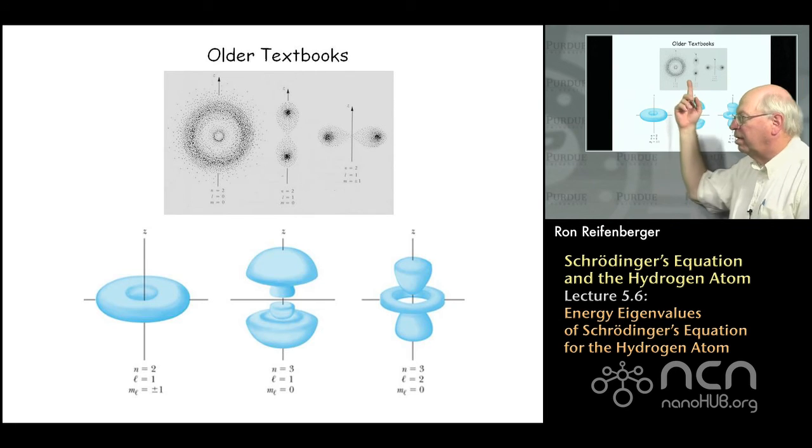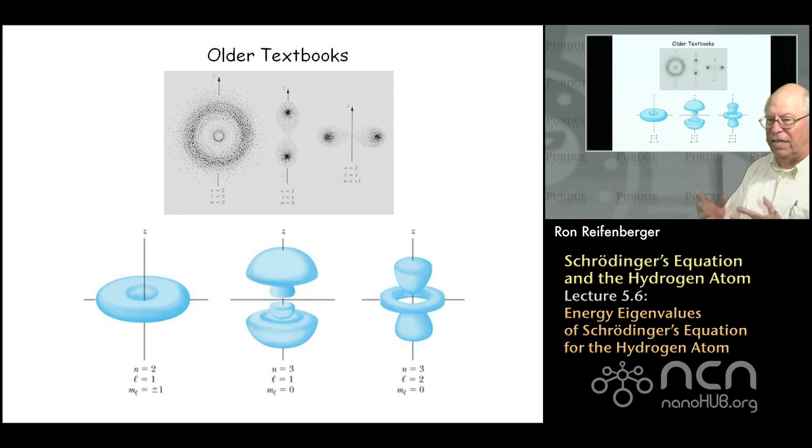These plots were fashionable up until, I would say, the 1960s, early 1970s. At that point in time, computers started to develop an ability to visualize these wave functions in 3 dimensions. So you started to get plots that look like this. These plots represent the probability density of finding an electron at different radii for different values of theta and phi for the appropriate quantum numbers indicated by each figure.